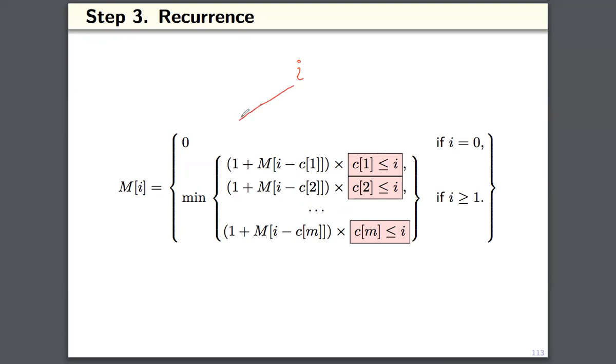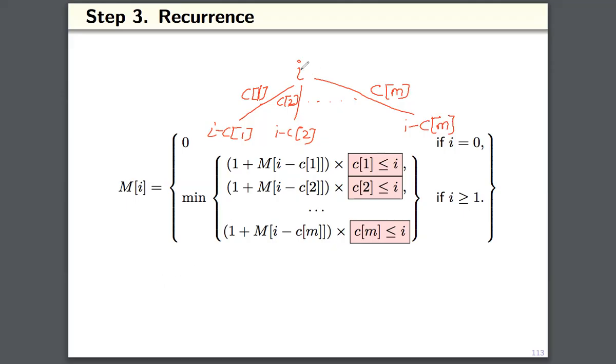You can either consider C of 1. If you consider C of 1, the remaining amount you need to make is I minus C of 1. If you consider C of 2, the remaining amount you need to make change for is I minus C of 2. And so on, up to C of M, I minus C of M.